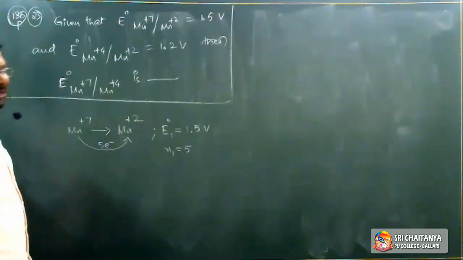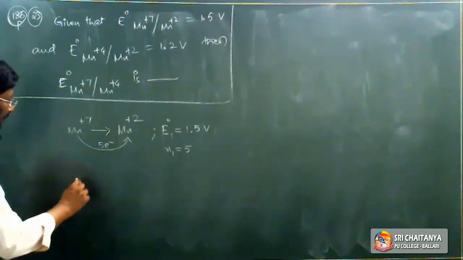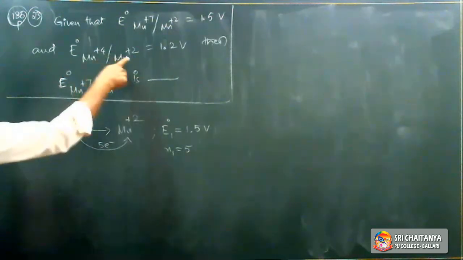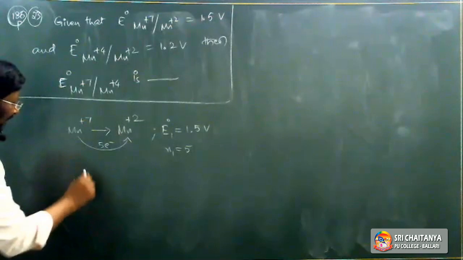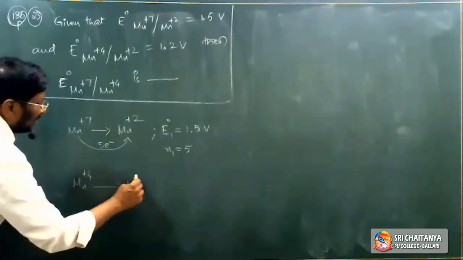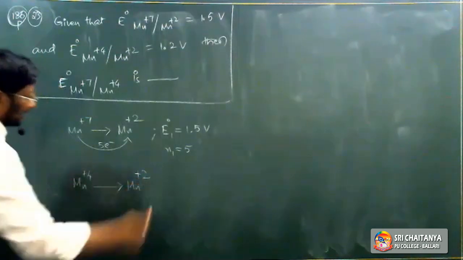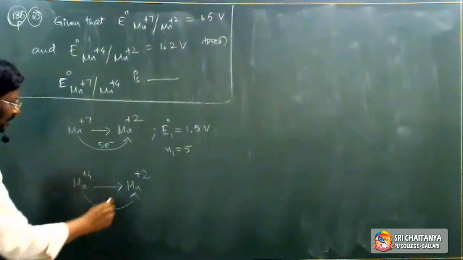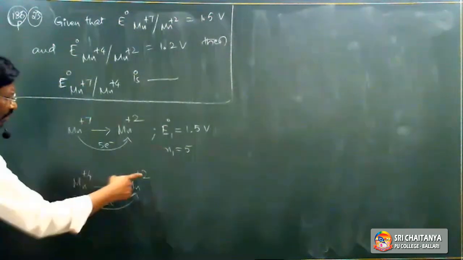Next one, another one. Second change: plus 4 to plus 2, so Mn plus 4 to Mn plus 2. Here the difference is 2 electrons, plus 4 to plus 2.